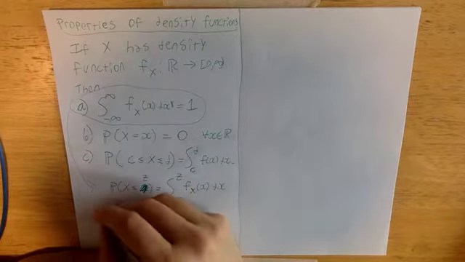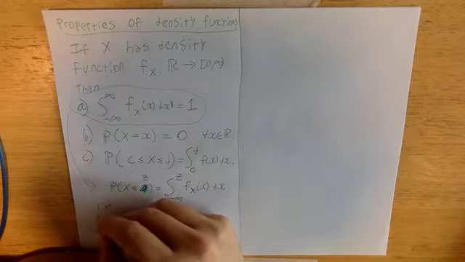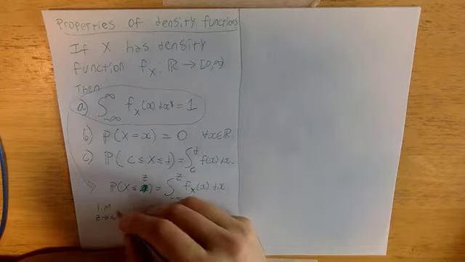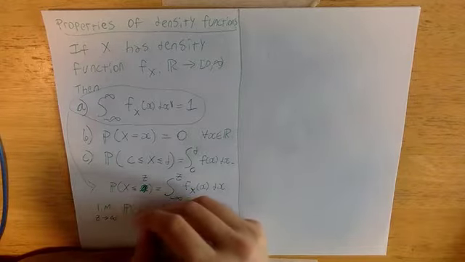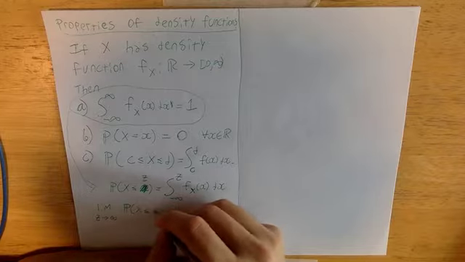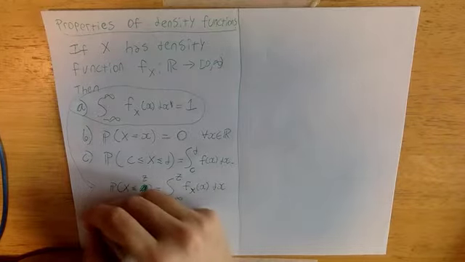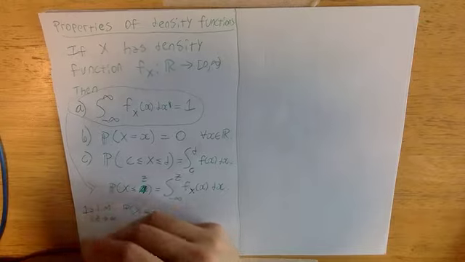And now if we take the limit when c goes to plus infinity, the probability that x is less or equal than c has to be equal to 1. This is by the continuity of probability.